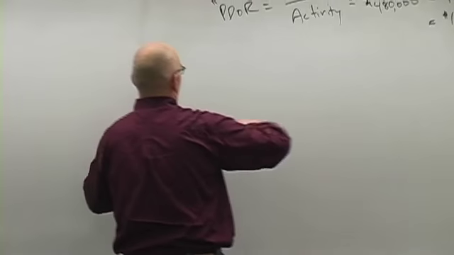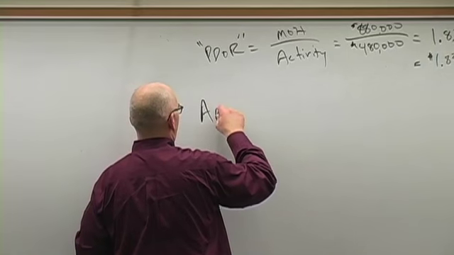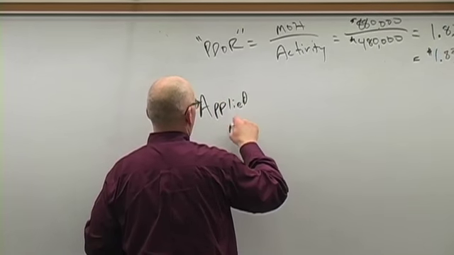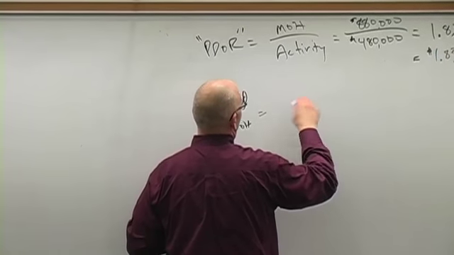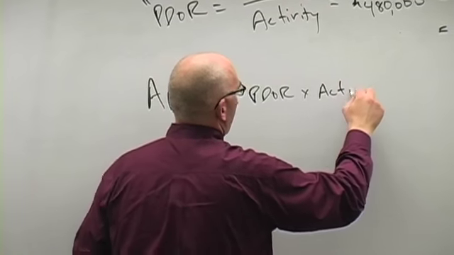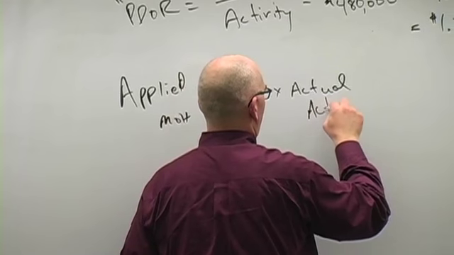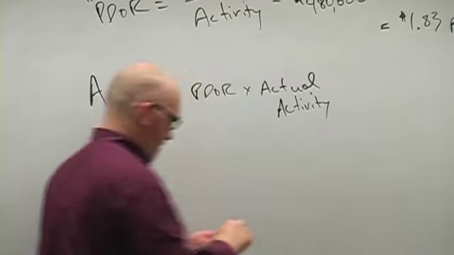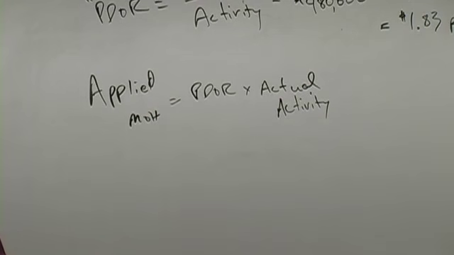So does that ring any bells with regard to formulas? Actual, or PDOR. Applied manufacturing overhead equals PDOR times actual activity. Okay? PDOR times actual activity.